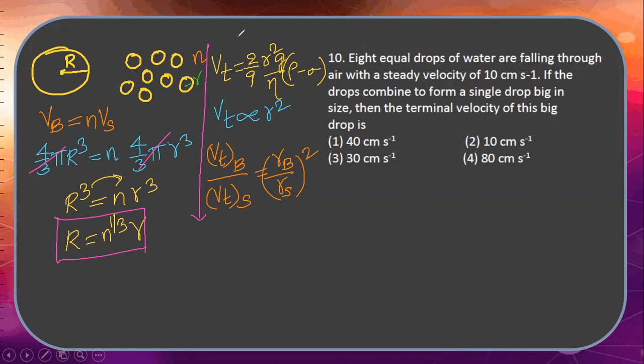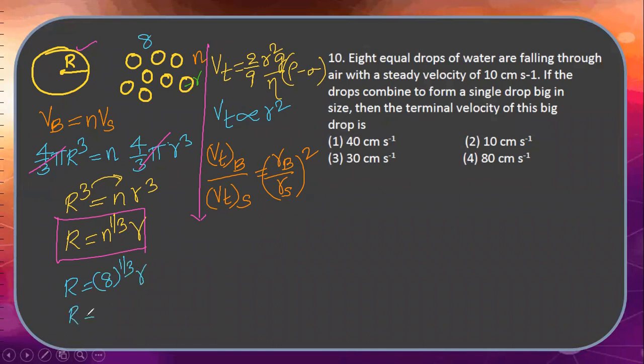What is the radius of the big drop? Capital R. Here we have to substitute. How many drops have they given? 8 drops. So in the place of n, we'll write 8, then capital R is equal to 8 whole power 1 by 3 into small r.